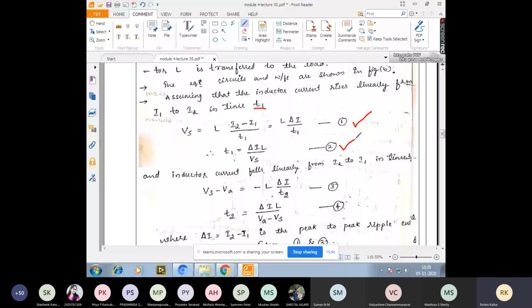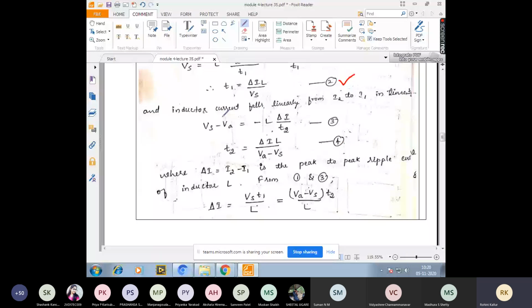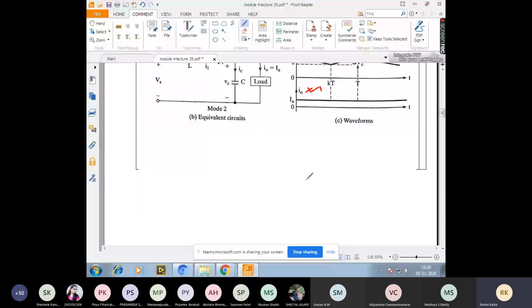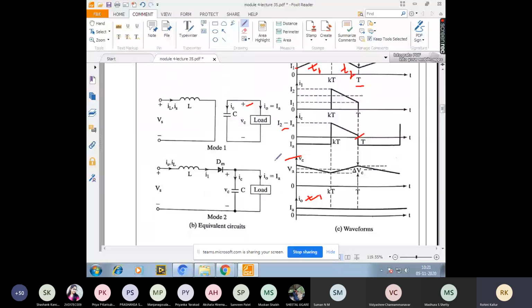During mode 2, the inductor current falls linearly from I2 to I1. So during mode 2, what all do I have? I have the supply voltage Vs and the voltage developed across this, which is Va. So Vs minus Va is equal to, here there is a decrement in the inductor current, so that is negative.